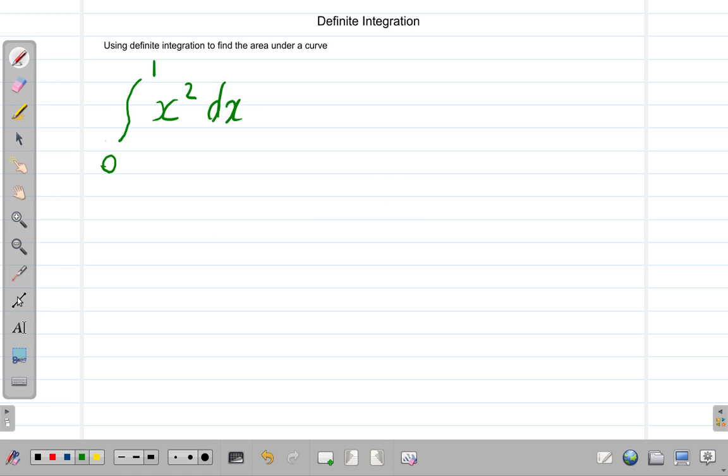You remember that if you have your x-axis and your y-axis, the graph of x squared is not a straight line. It's going to be a curve.